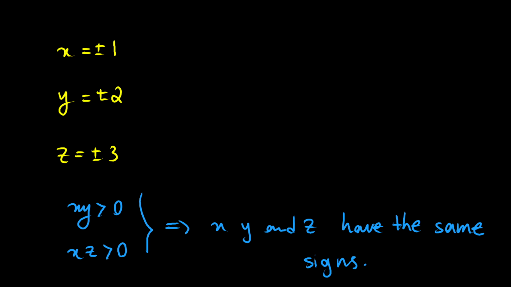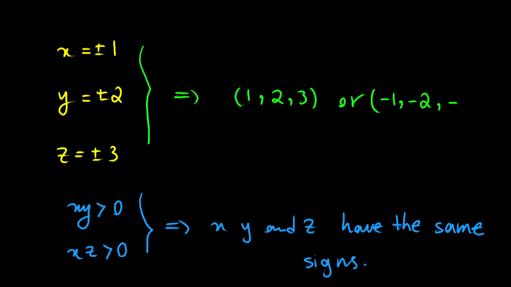Which means that if x is positive, y and z have to be positive, which means that from these, I will have two solutions. Either we have 1, 2, and 3, or we have -1, -2, -3. So we cannot have something like 1, -2, and 3.